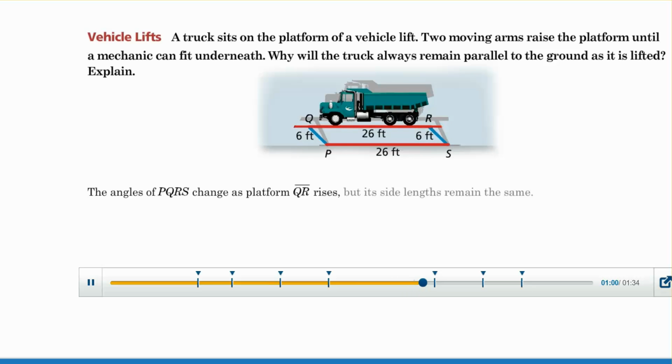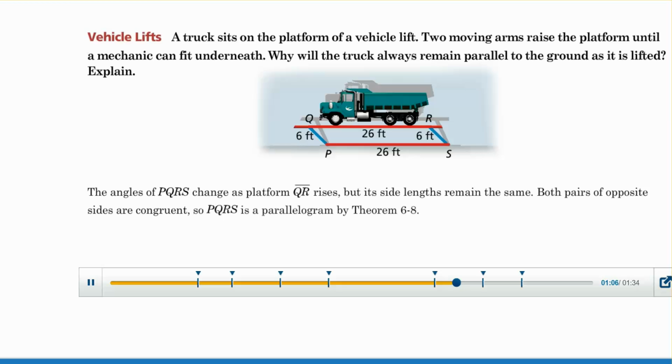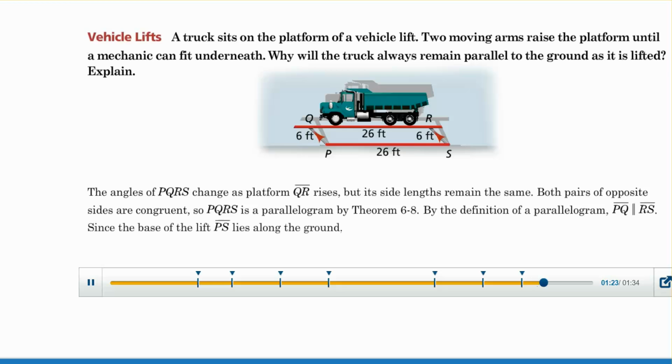But its side lengths remain the same. Both pairs of opposite sides are congruent. So figure PQRS is a parallelogram by theorem 6-8. By the definition of a parallelogram, segment PQ is parallel to segment RS. Since the base of the lift, segment PS, lies along the ground, the platform, segment QR, and therefore the truck will always be parallel to the ground.